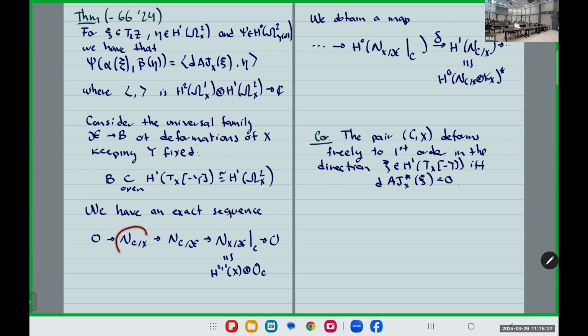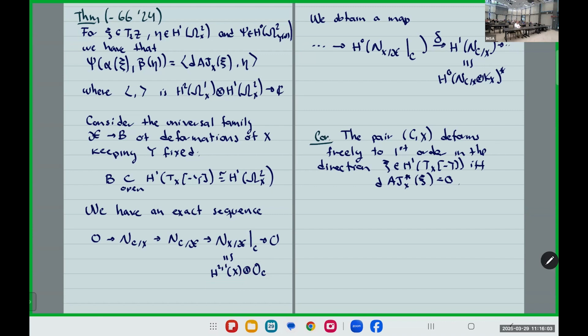We have the normal bundle of the curve inside X, and we will have the normal bundle of the curve inside the Kuranishi family. And now you have also the normal bundle of X inside the Kuranishi family. And this is going to be identified with the tangent space of the base multiplied by this structure sheaf.